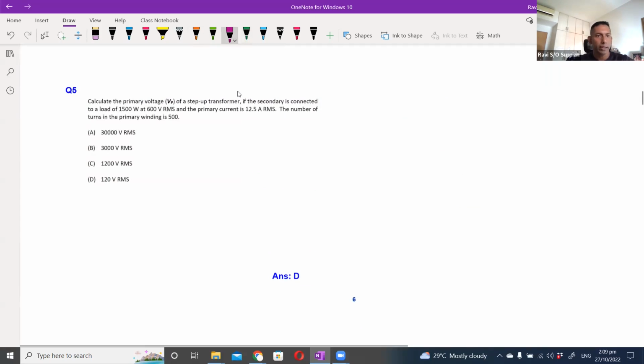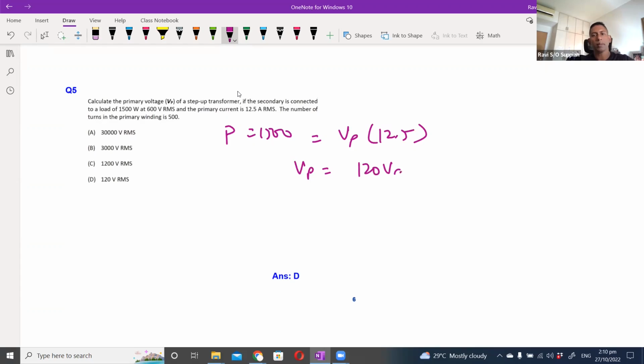Question 5 is very similar to question 3. We know that the secondary power is 1500 watt, which means that the primary power is also 1500 watt. The voltage at the primary is what we want to find, so Vp multiplied by the primary current 12.5, so Vp will be equal to 120 volt RMS.